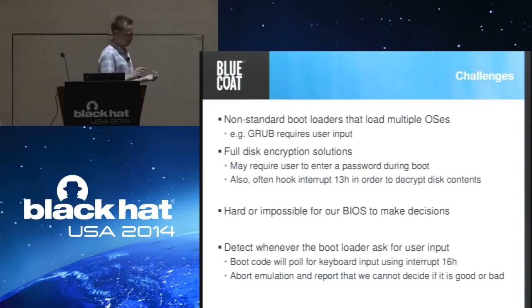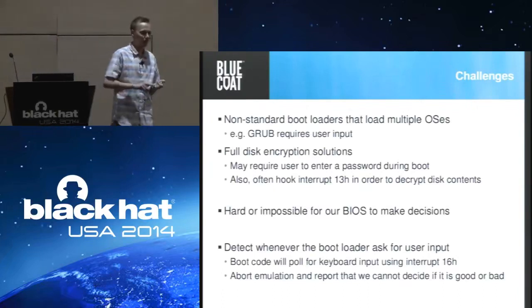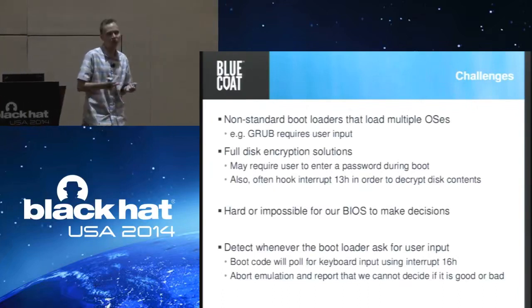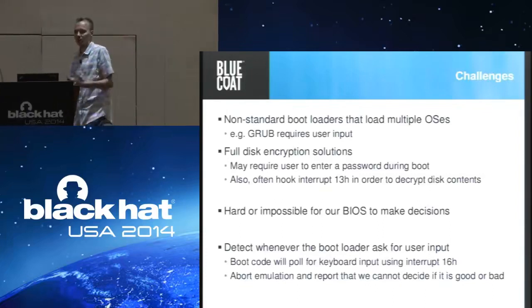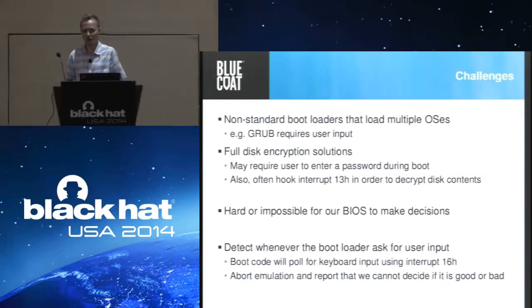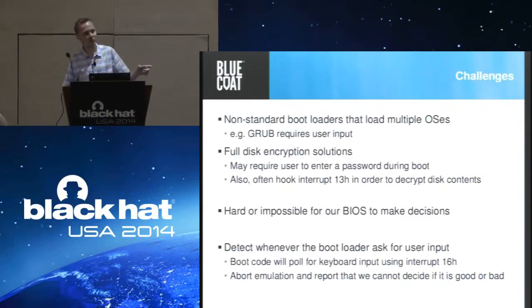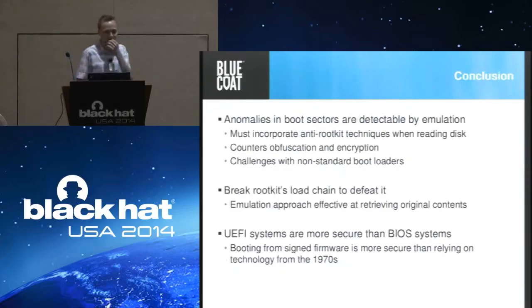Whenever the boot code asks for user input of some sort, it will issue an interrupt 16 to poll for keyboard input. Since we've registered an interrupt handler for that, we can at least abort emulation and report that, hey, I can't do anything on this system, try some other approach.